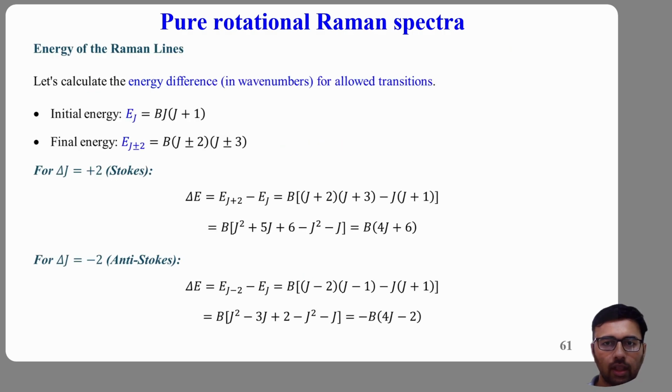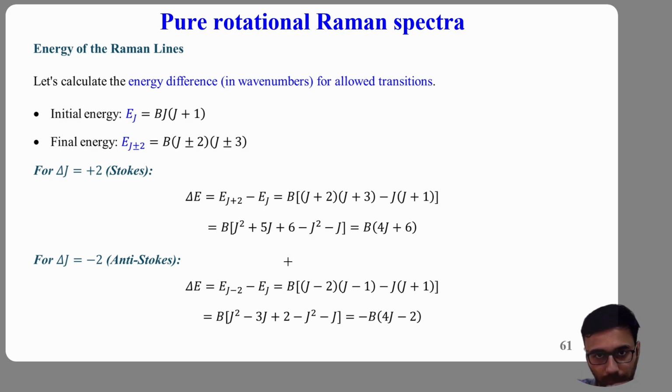Now, let us calculate the energy shift. This is where the mathematics becomes beautifully elegant. For rotational transitions, J goes to J plus 2, the energy difference becomes delta E is equal to B into 4J plus 6. This means the Raman shifted Stokes photon has energy h nu naught minus B into 4J plus 6, where nu naught is the excitation frequency.